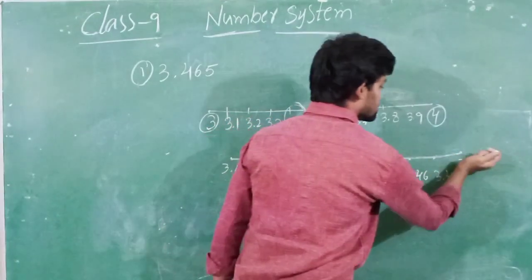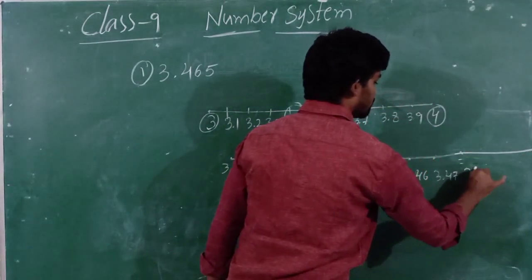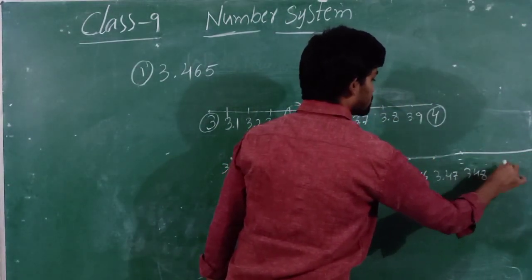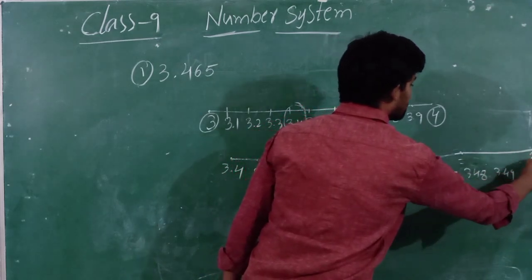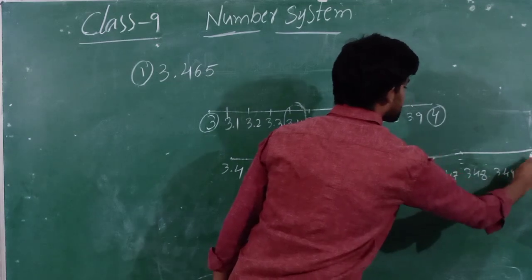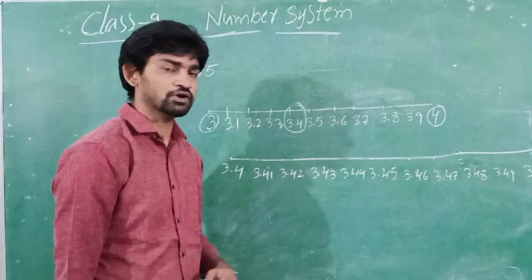So still numbers are there. 3.48, 3.49. You can go on till 3.5.